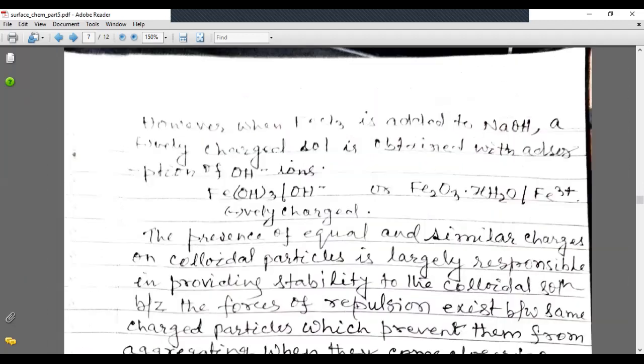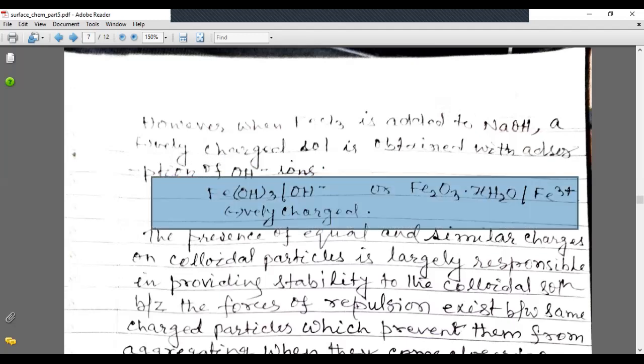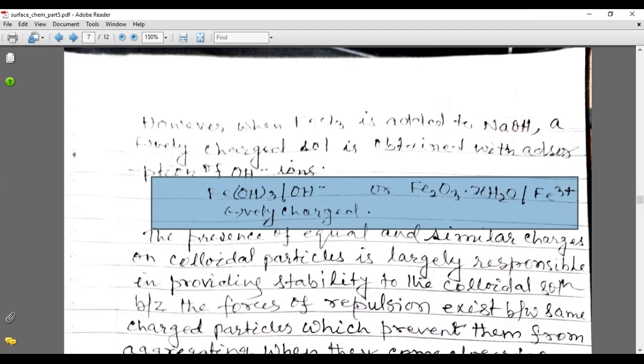However, when FeCl3 is added to NaOH, a negatively charged sol is obtained with adsorption of OH⁻ ion. Fe(OH)3/OH⁻ or Fe2O3·xH2O/OH⁻.